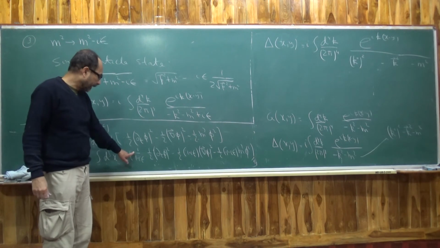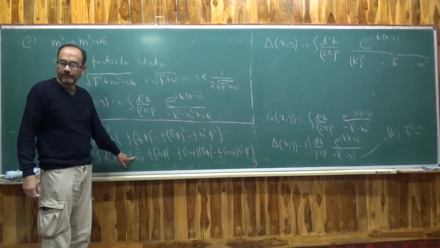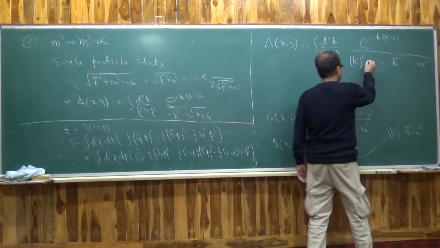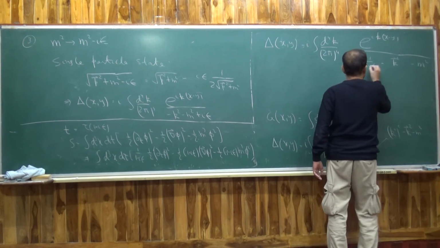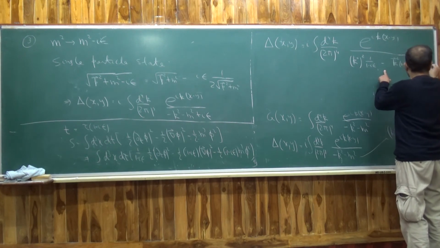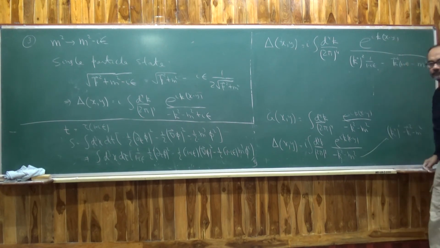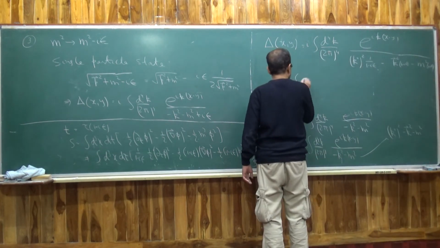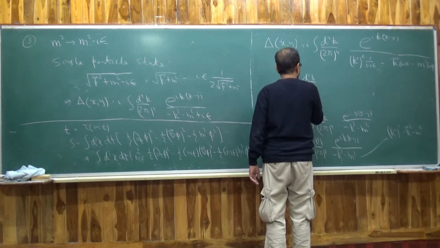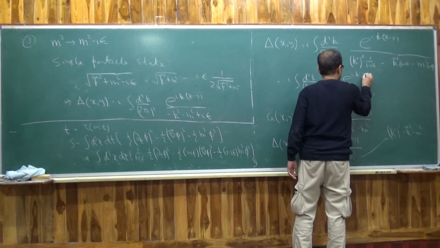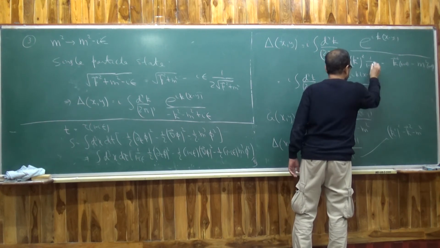So k0 square will be multiplied by 1 over 1 minus I epsilon, because the box operator will have a 1 over 1 minus I epsilon now. And these two are multiplied by 1 minus I epsilon. So, let's take epsilon to be small.